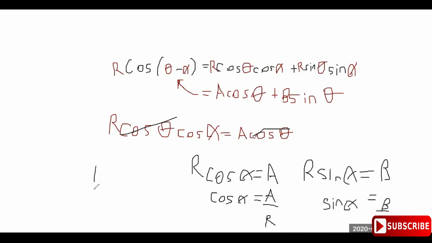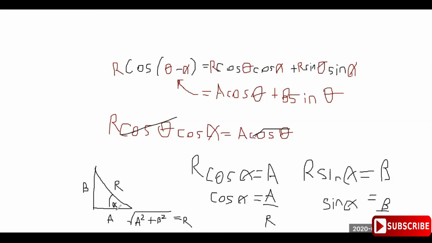Then you can draw your triangle and let the angle be alpha. The cos of alpha is adjacent, A, over hypotenuse, R, and the opposite is B and the hypotenuse is R. So clearly from this, the square root of A squared plus B squared is equal to R from Pythagoras theorem.